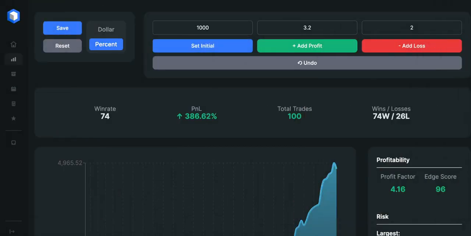I just finished the backtesting and after 100 trades, the win rate for the strategy turned out to be 74%.